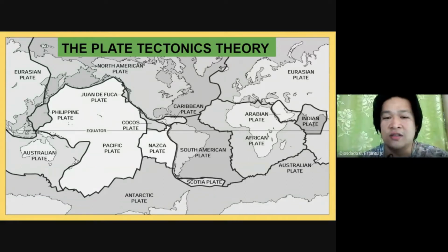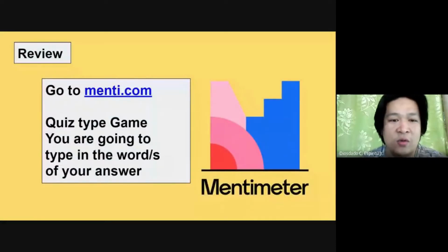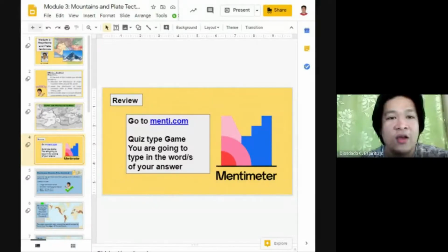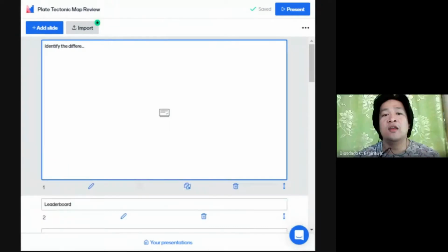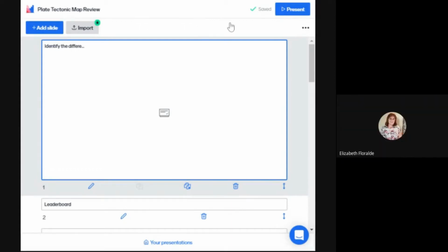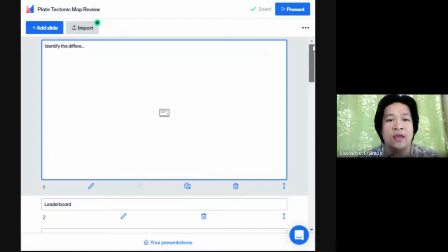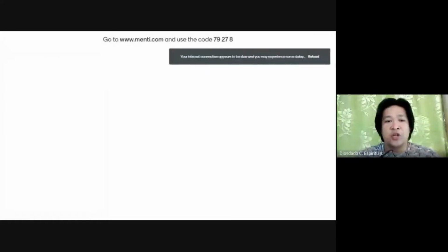But before we go with that discussion, may I request everybody to go to menti.com. Open a tab. If you are using a laptop, you can just open another tab. If you are using your cell phone, you can just press the home button and go to Google, and then type in menti.com. Just enter the code which will flash on your screen.